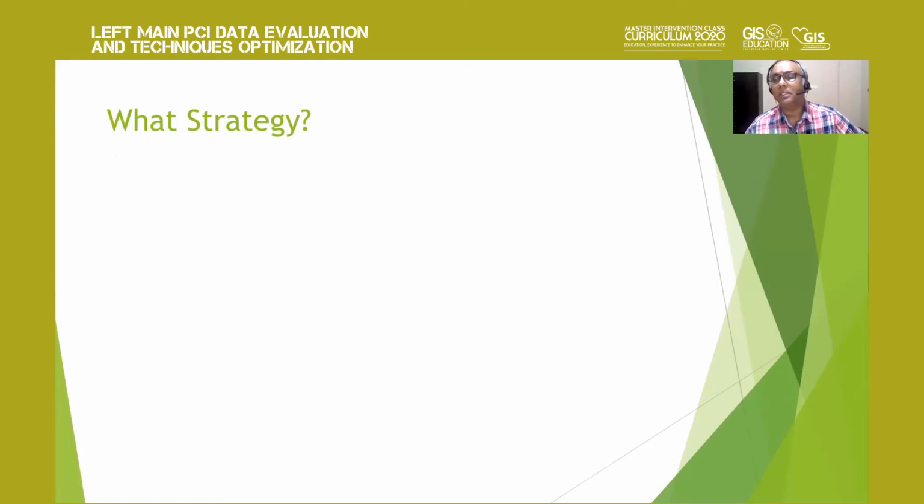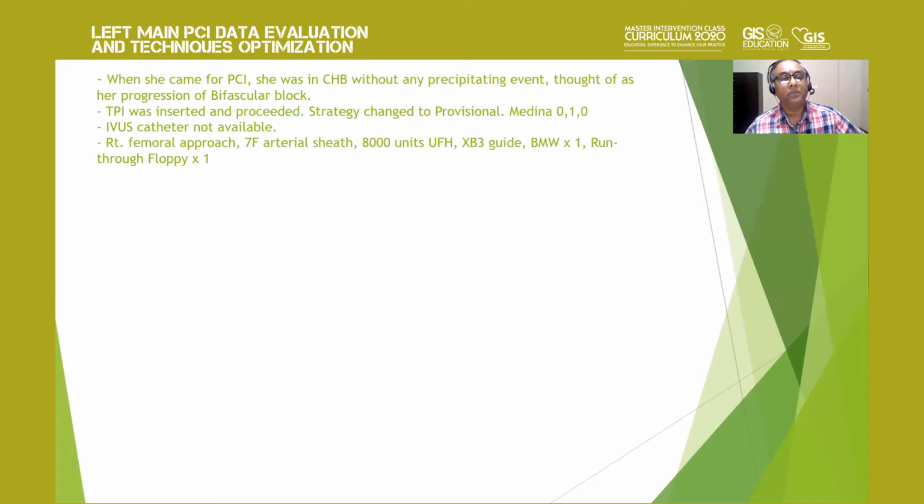As Dr. Iman said, initially we planned a provisional strategy. So TPI was inserted, right femoral approach, 7 French sheath.